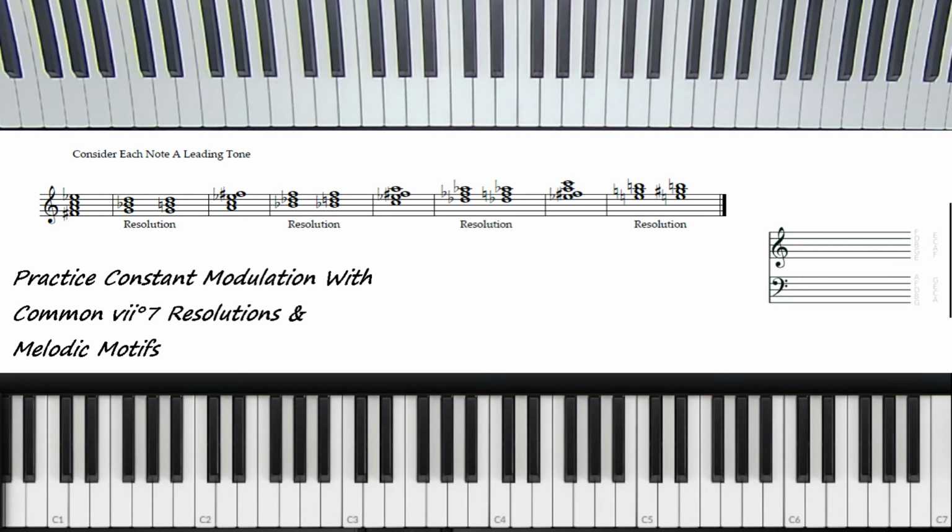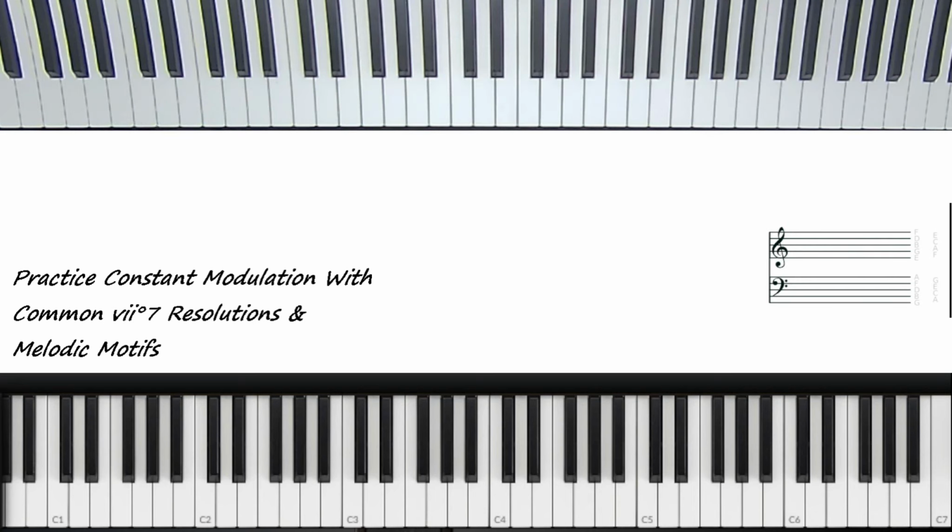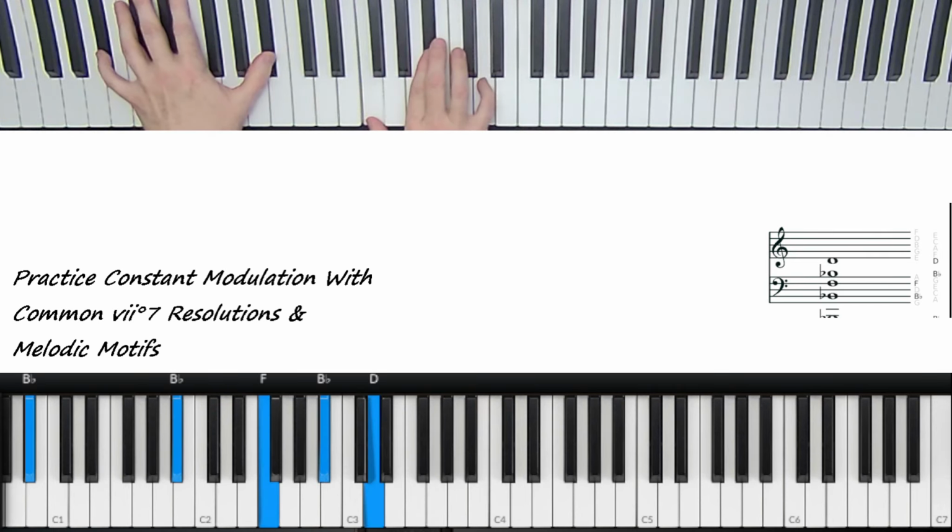So what I'm going to do is take one of my own little melodies. It's simple 1-4-2-5 music, and basically work it into a situation that uses continuous modulation by taking melodic aspects, whether it's rhythmic or just melodic similarity. So let me play the melody.